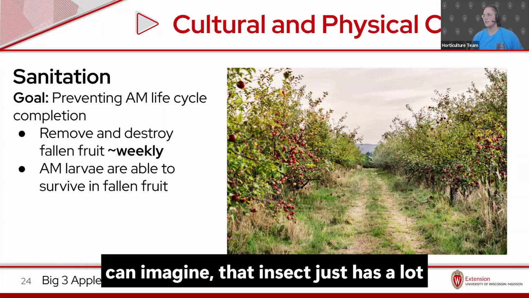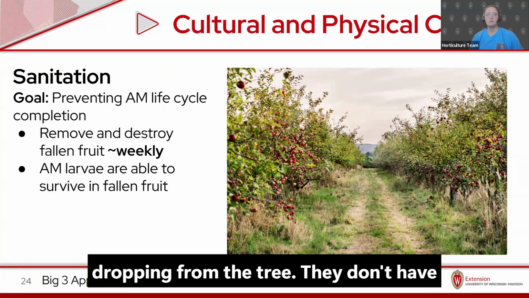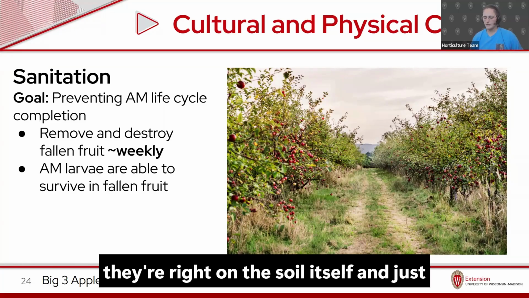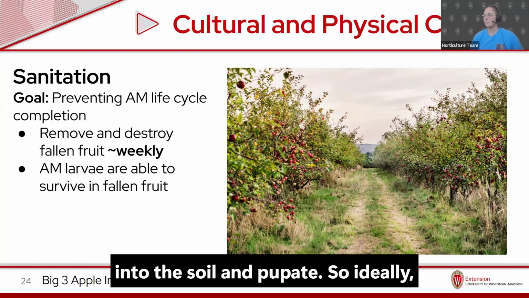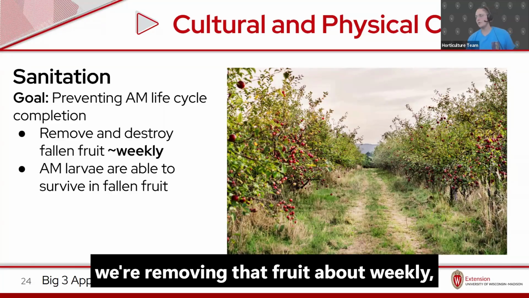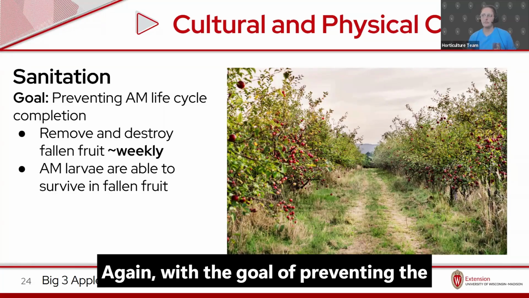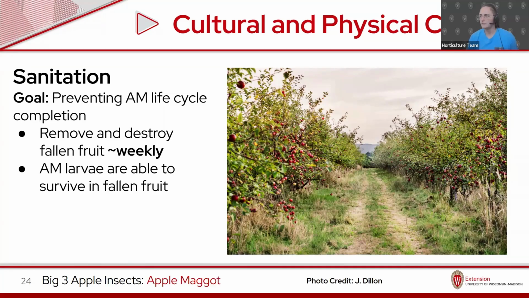And if you can imagine, that insect just has a lot better chance of survival. They're not dropping from the tree. They don't have to avoid predators as much. So they're right on the soil itself and it's really easy for them to emerge, bury into the soil and pupate. So ideally, we're removing any fruit that has fallen about weekly, again with the goal of preventing the apple maggot life cycle completion.